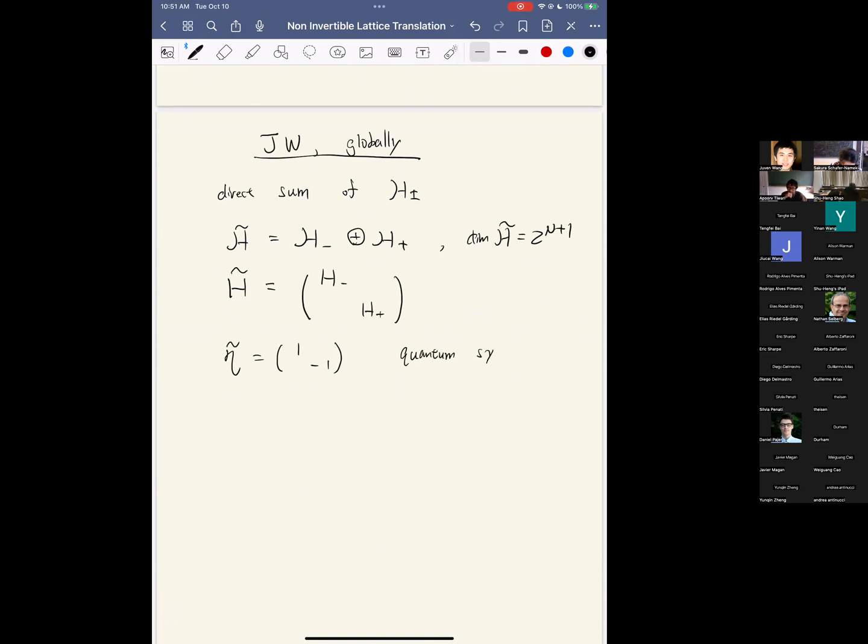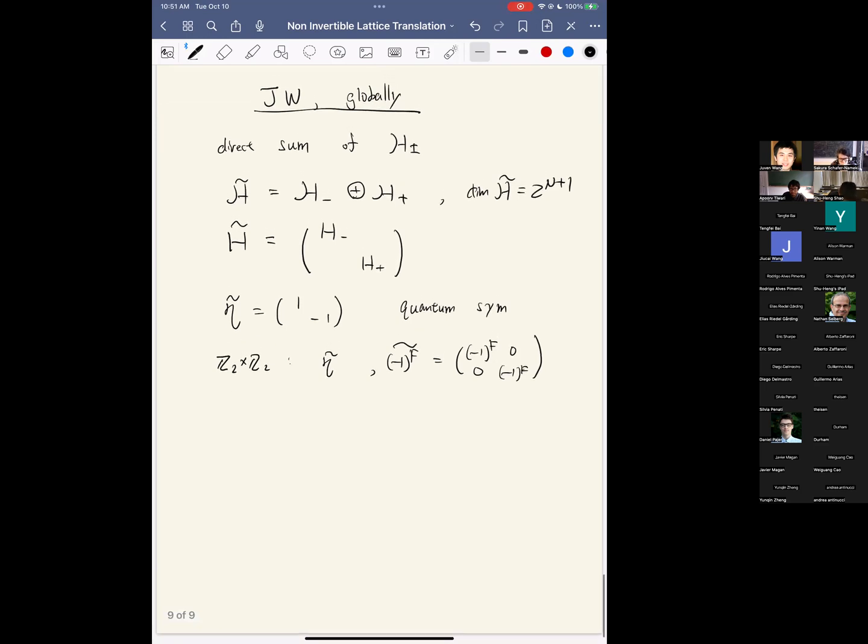It's related to the quantum or dual or orbital symmetry in the continuum. So in this bigger Hilbert space, we have a Z2 cross Z2 generated by eta tilde and (-1)^F tilde, which is just (-1)^F in each block. And let me make a quick comment that this Z2 cross Z2 is related to the categorical symmetry by Wen-Jie and Shao-Gang and other collaborators.